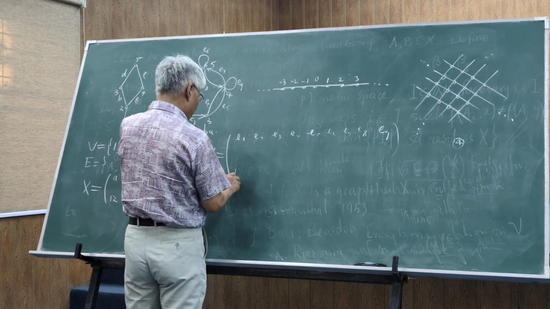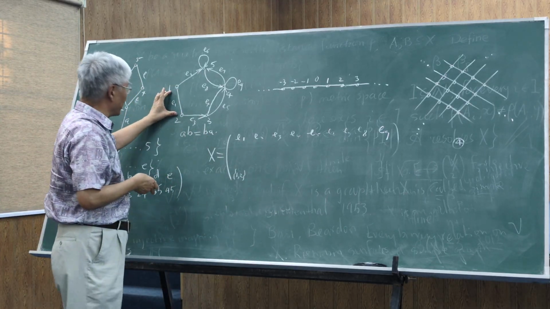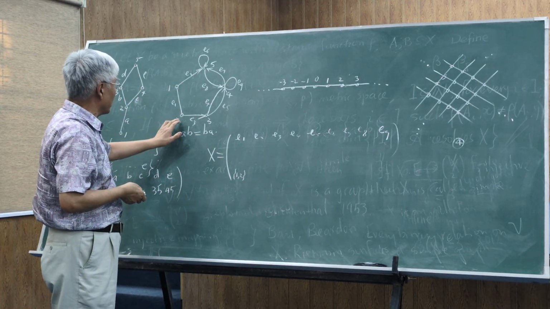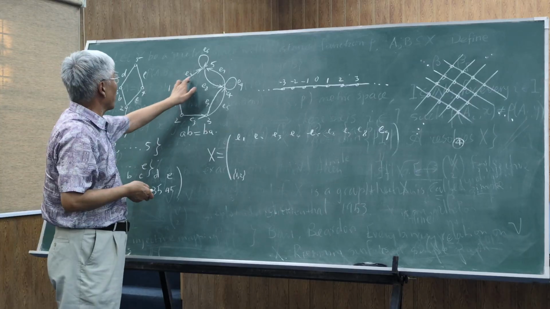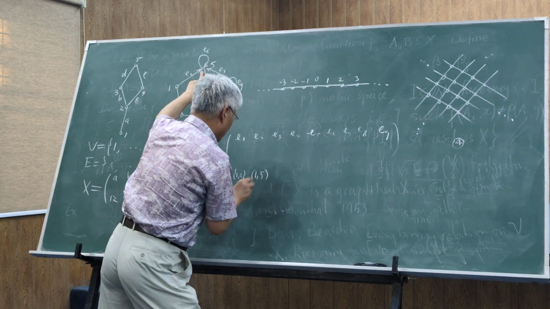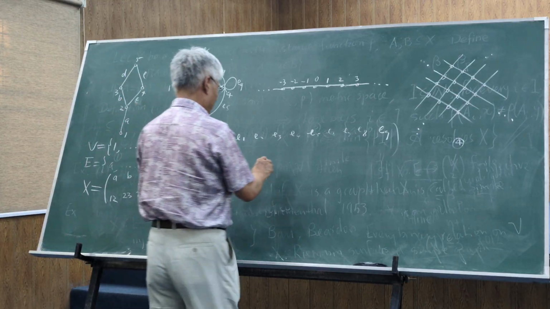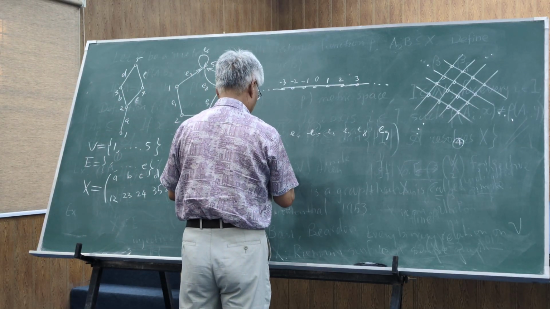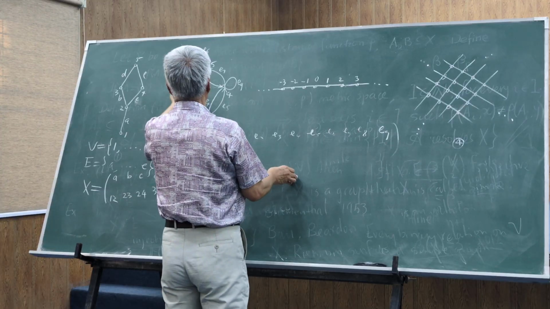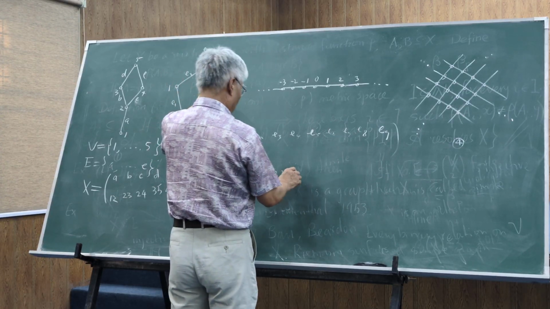So now we clearly put it in the set. E1's ends are 1 and 2, it doesn't matter which way. E2 is 1, 5 ordered. So easy. E3 is 2, 3. E4 is 3, 4 curly.